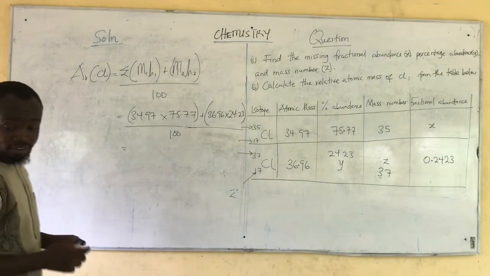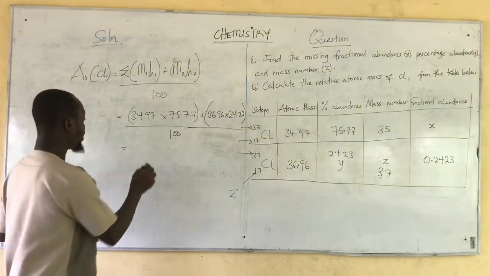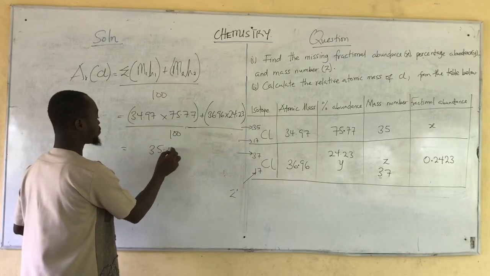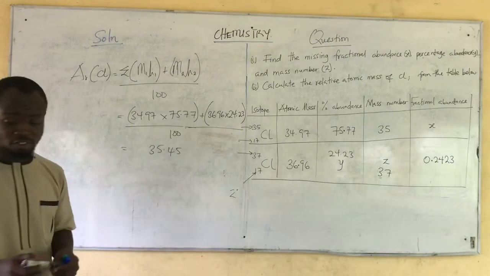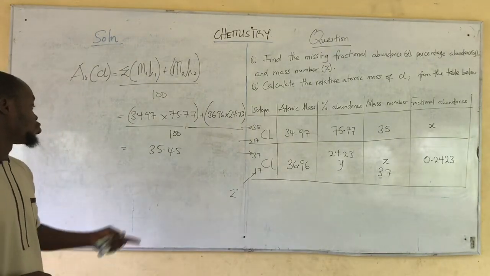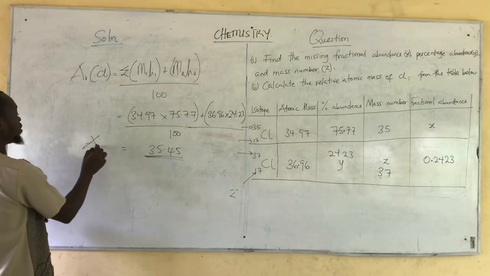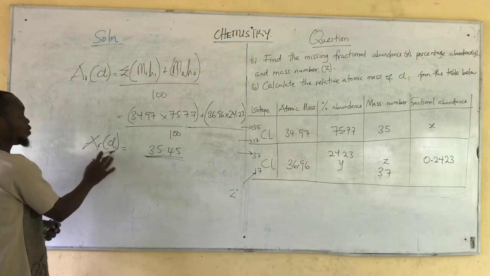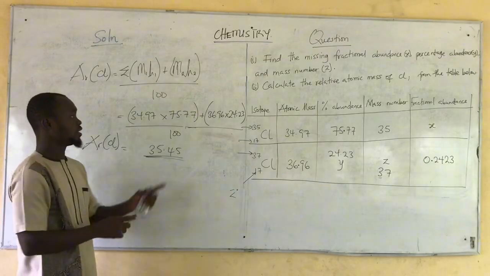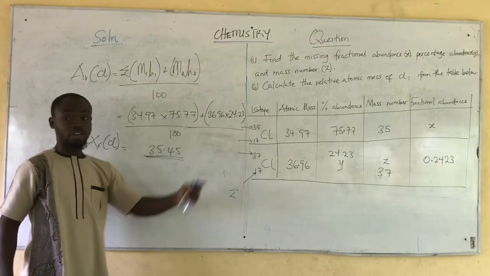So we are going to get 35.455. That is if I approximate it to 2 places of decimal. So this is the AR of Cl, or the chlorine atom, if I'm using the percentage abundance for the calculation.